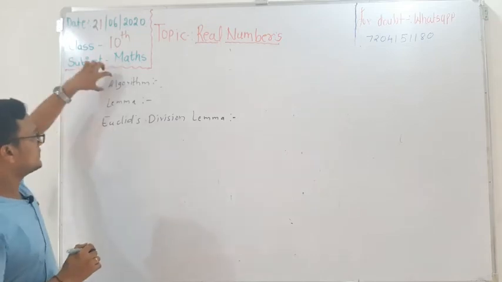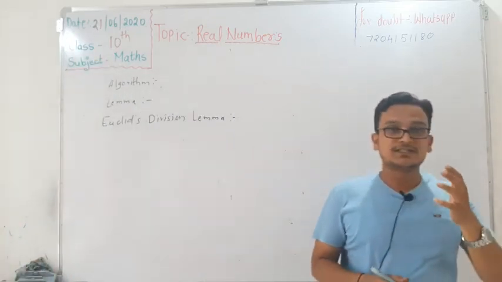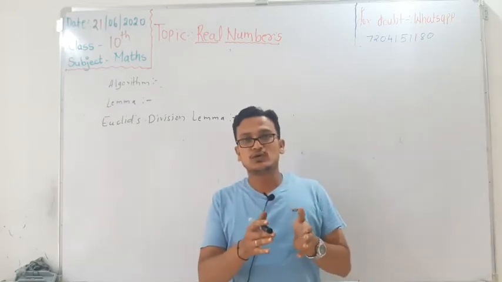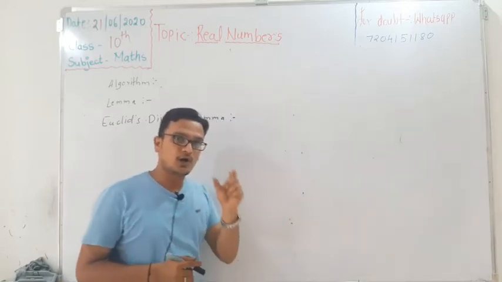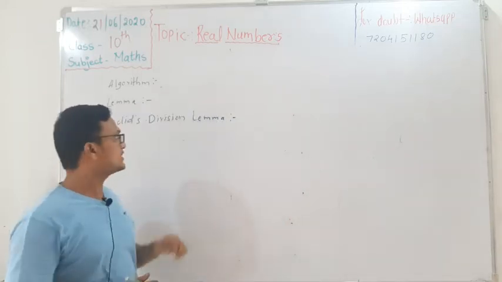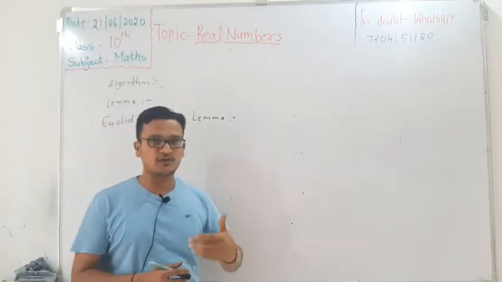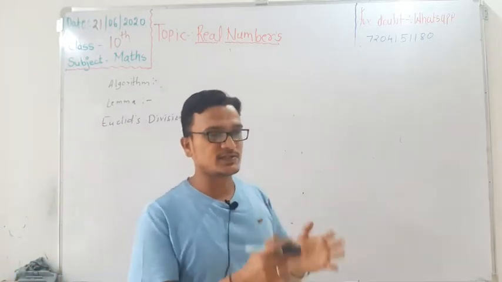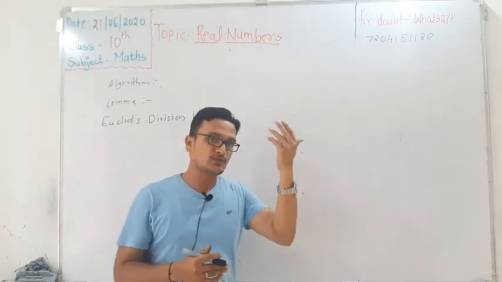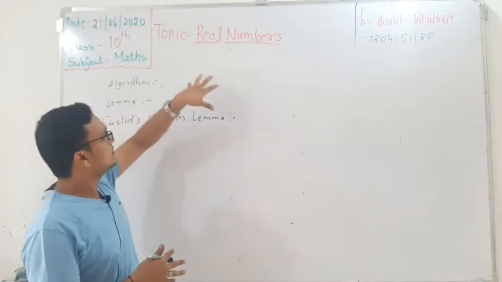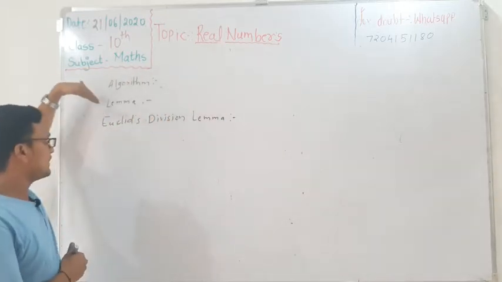So what is meant by algorithm? Algorithm is the steps which we use to solve a specific problem. Suppose you are solving a problem by some specific method, using some steps, then those steps are called algorithm.